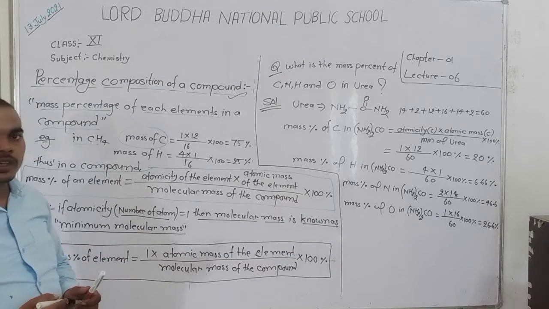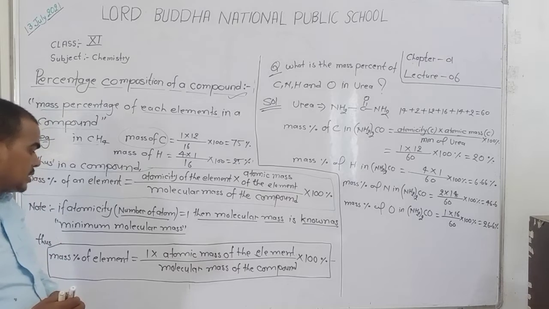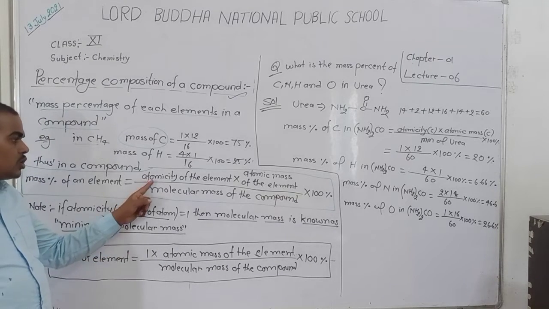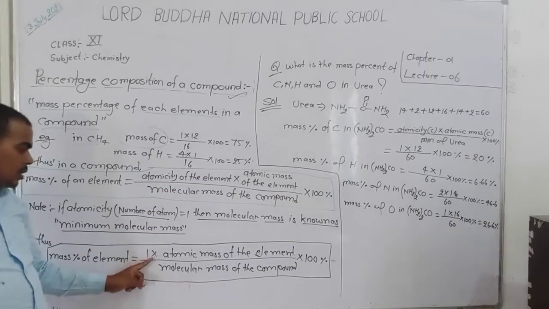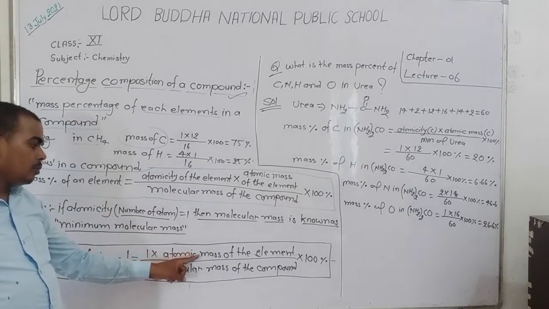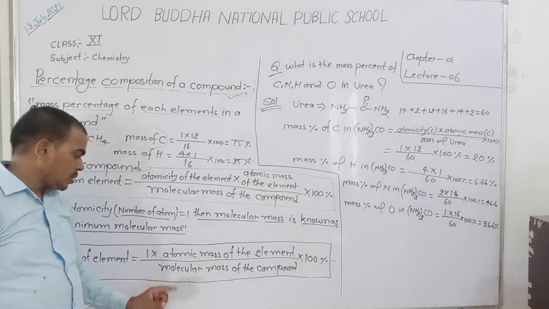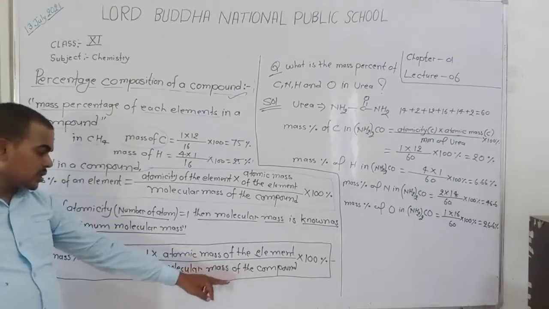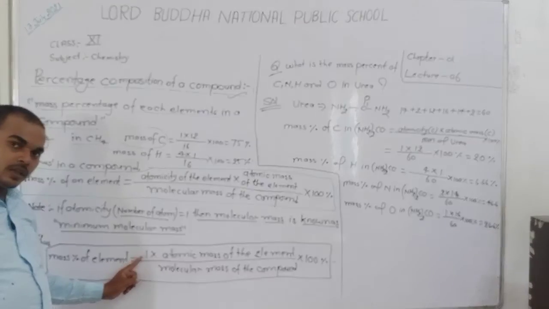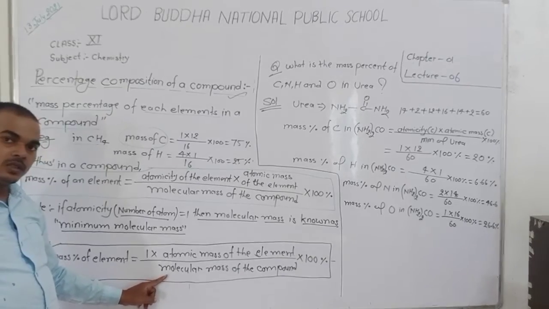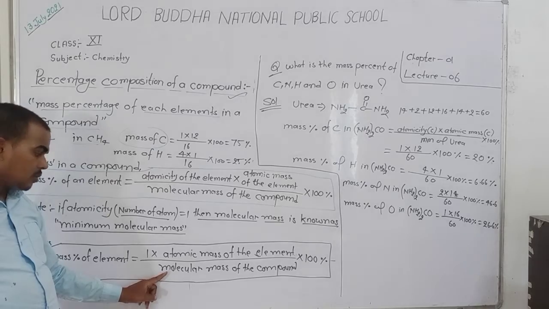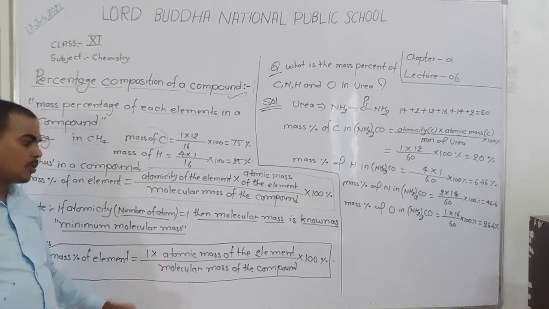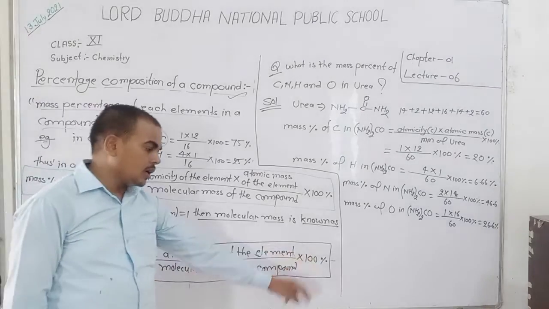We place 1 at the place of atomicity, so the formula becomes 1 into the atomic mass of the element, upon the minimum molecular mass of the compound, into 100.